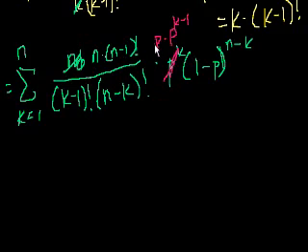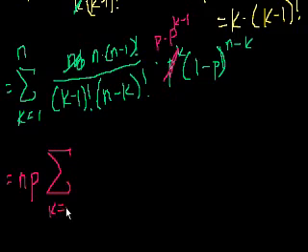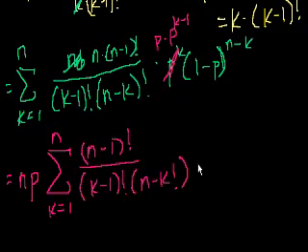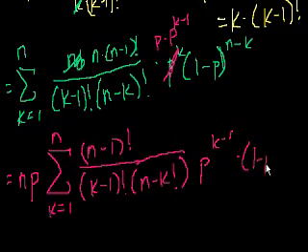And then we can factor out this n and this p, and we'll get that this is equal to np times the sum from k equals 1 to n of n minus 1 factorial over k minus 1 factorial times n minus k factorial, times p to the k minus 1, that's not in the denominator, this is just a regular, times 1 minus p to the n minus k.